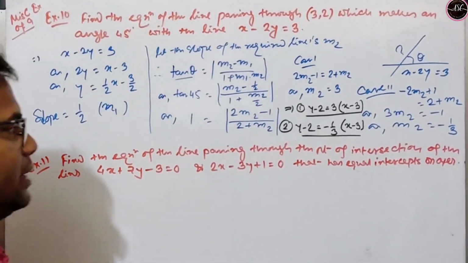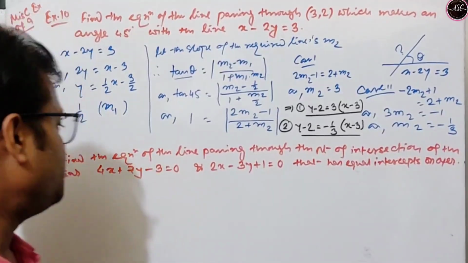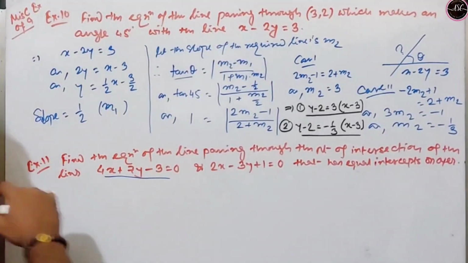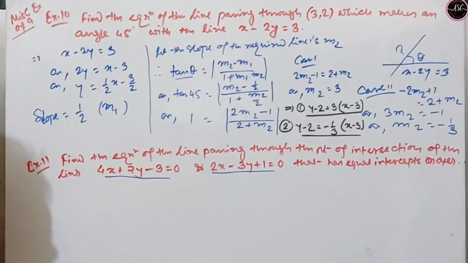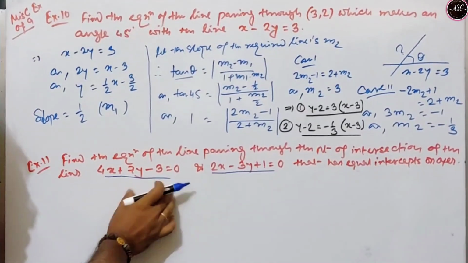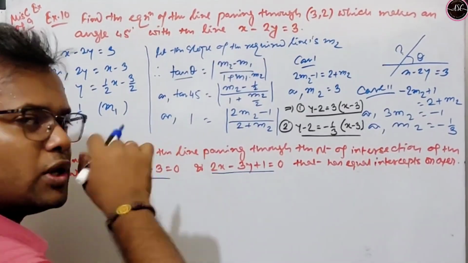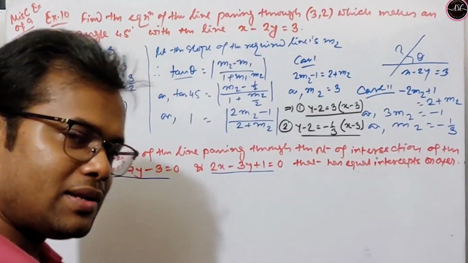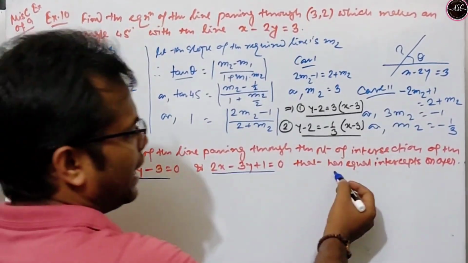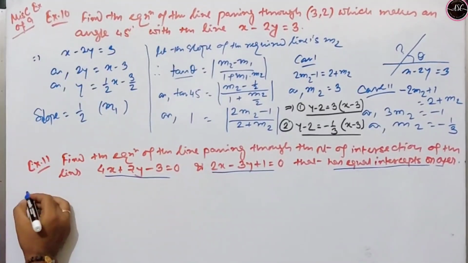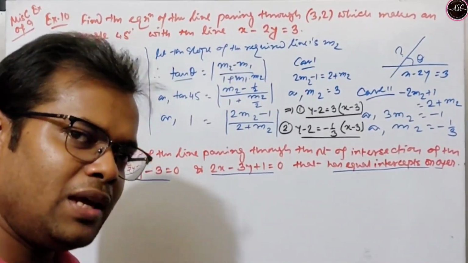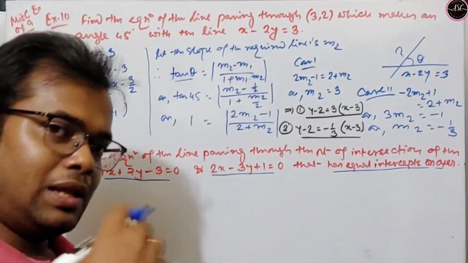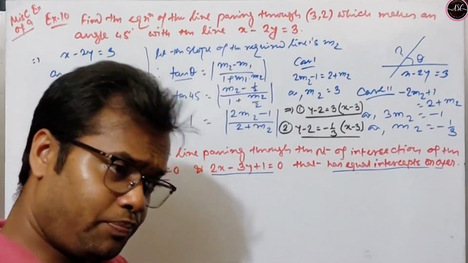Now just look at this question. Find the equation of the line passing through the point of intersection of the lines 4x plus 7y minus 3 equal to 0 and 2x minus 3y plus 1 equal to 0. That means simply solve these two equations, you get the intersecting point, and has equal intercept on axis. So the intercept form of a straight line is x by a plus y by b equal to 1. Here the line makes equal intercept, that means a equal to b.